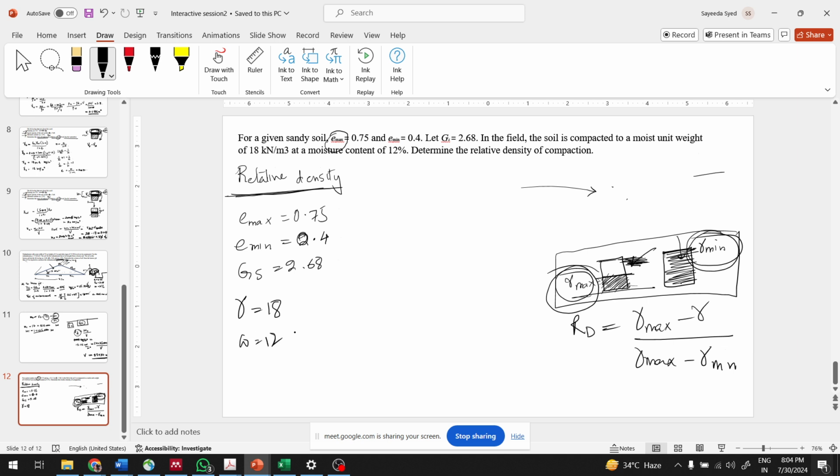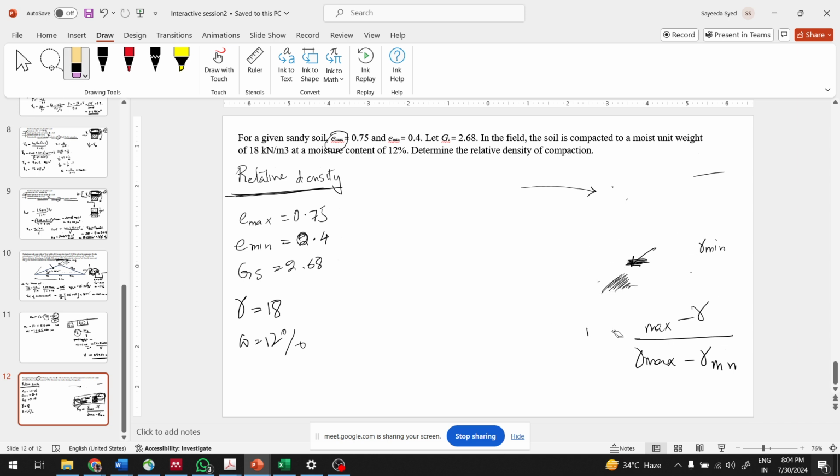W is 12%. So we need to calculate the relative density.